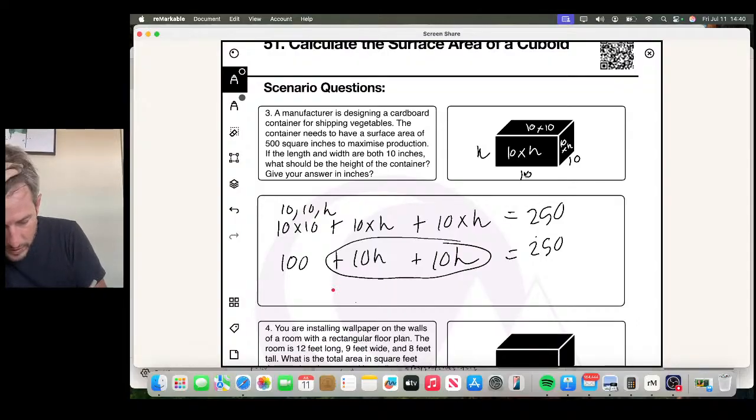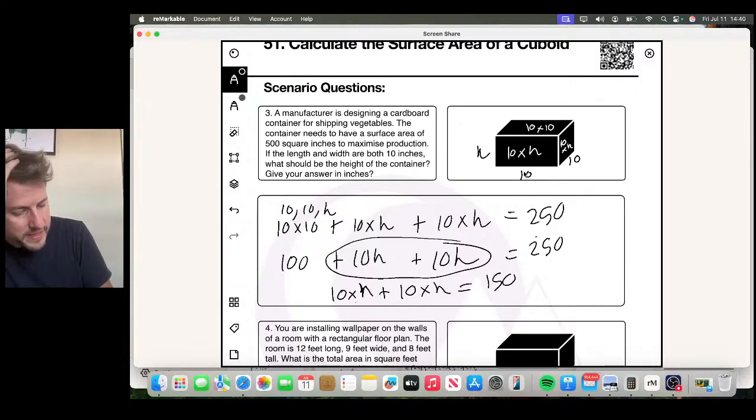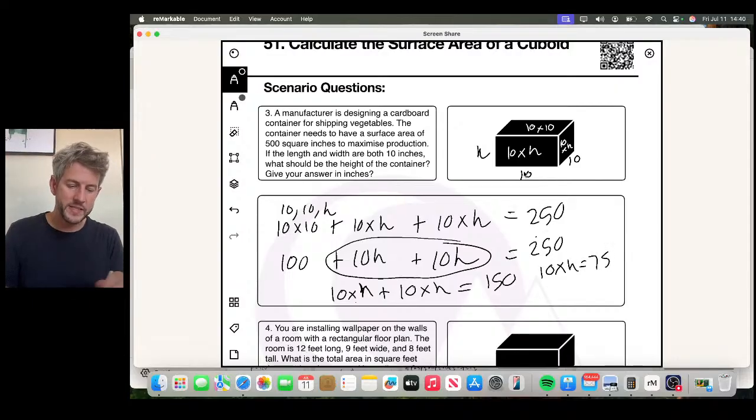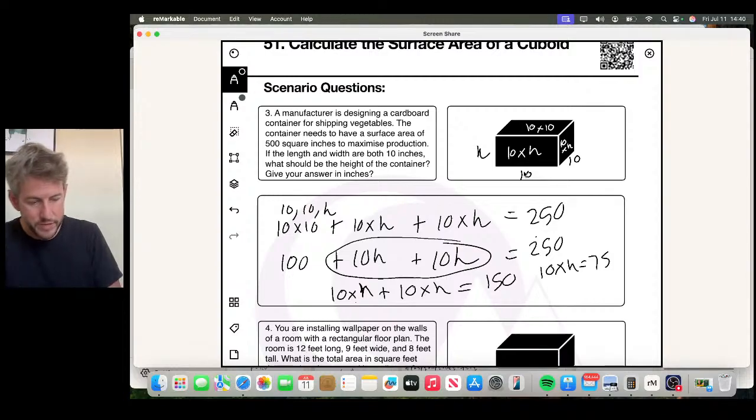So therefore, 10 times height plus 10 times height equals 150, which means that 10 times the height will equal 75, because we've got this twice, don't we? So 10 times the height equals 75. So that means the height will equal 7.5 inches.